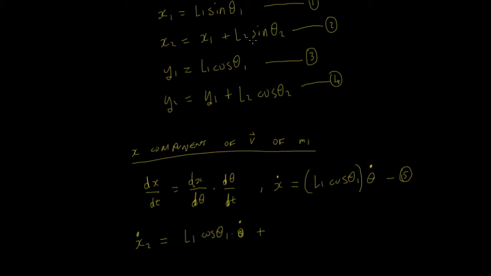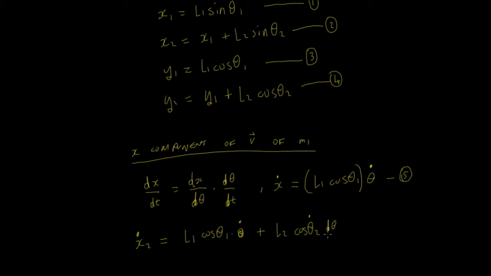We're differentiating that sine theta again, so we have just our L2 as the constant, and differentiating with respect to theta, that's just going to be our cos theta 2 times d theta by dt.